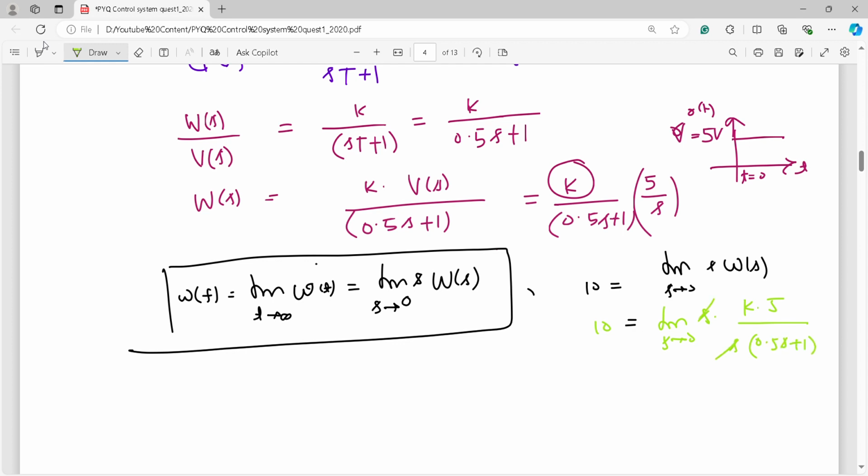The s cancels out, then we apply the limit s tends to 0, so 5k equals 10 by (0 plus 1). So k we get as 10 by 5, which is equal to 2.